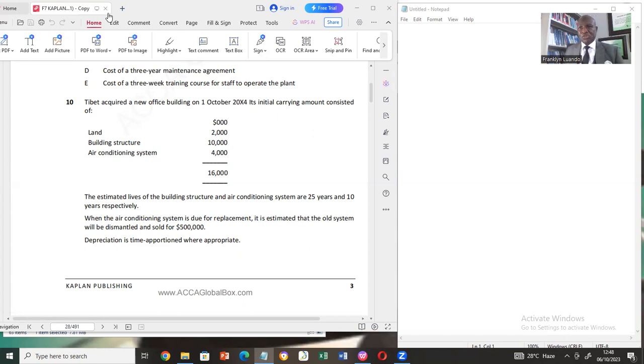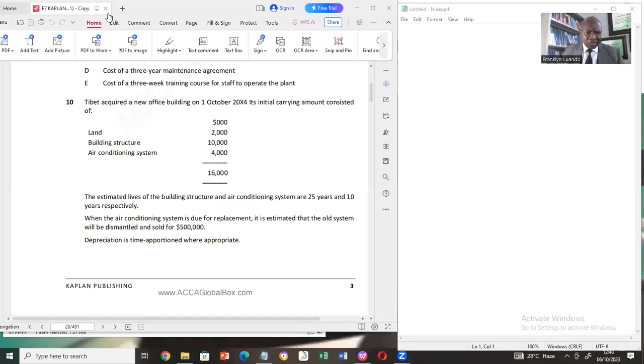Examples of complex assets are the plane, the ship, and some buildings that have different components with different expected useful lives. So we can look at the question here together.